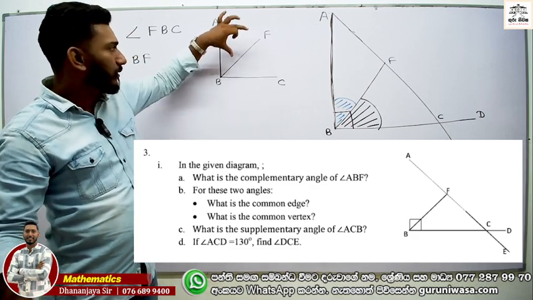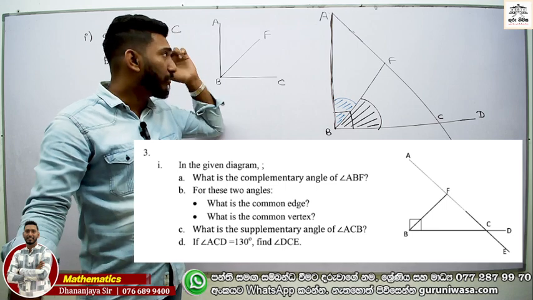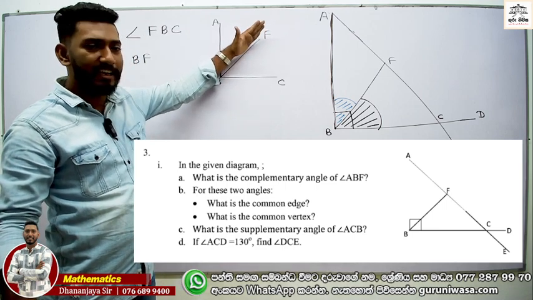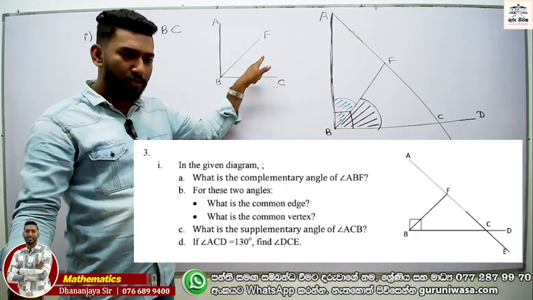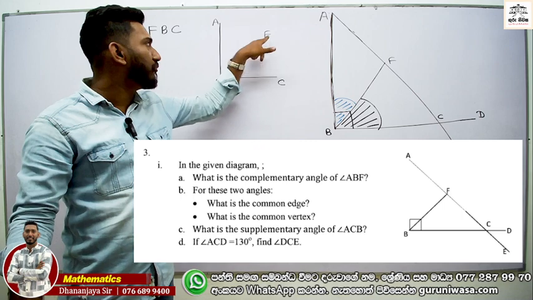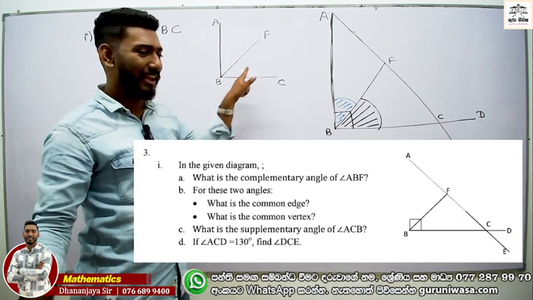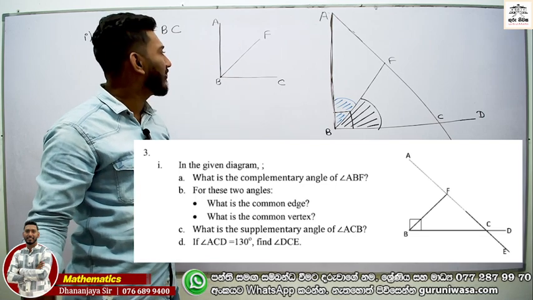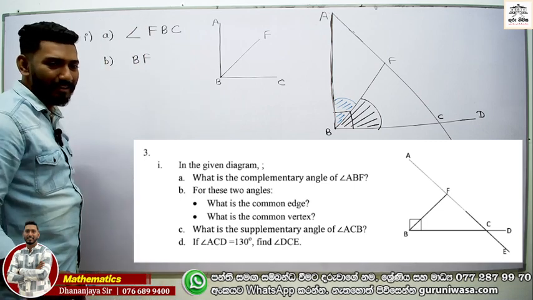This one BF. That is how we write a side. So this is the common side. Therefore BF is a common side. We can also write it as FB, or you can write it as BF.